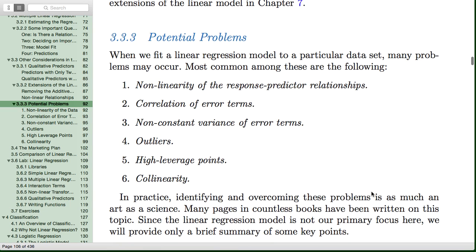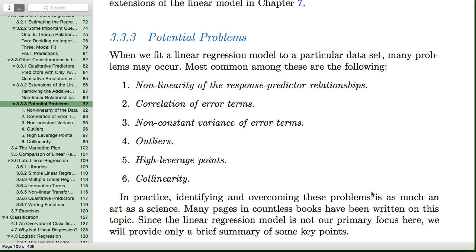Okay, now there are 6 basic problems with linear regression. If this were a course entirely in linear regression, we would spend a lot of the course dealing with these 6 problems, because it's kind of a dark art to figure out how to overcome these problems.